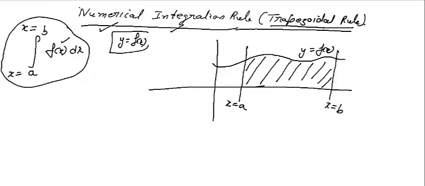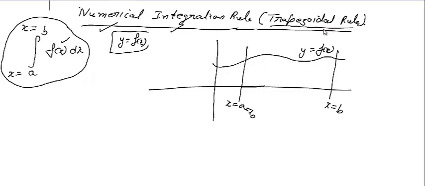So what we will do, we will start by taking this as x naught, and we will break this curve into n strips: x1, x2, and so on up to xn.